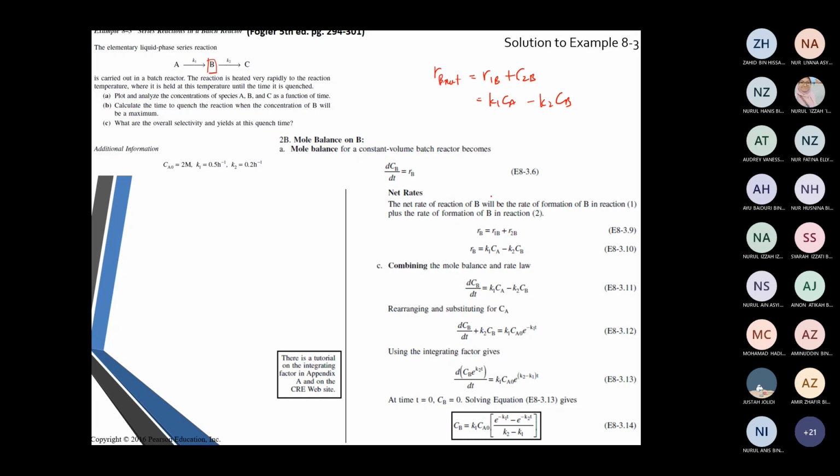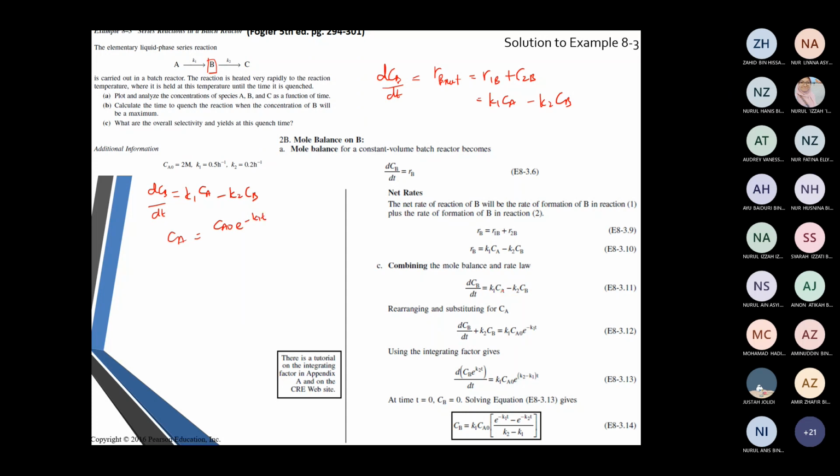From there, remember what RB net is. RB net is equal to dCb over dt. So that's why you combine it to get dCb over dt is equal to k1 Ca minus k2 Cb. From there we already have Ca from previously, which is Ca equals Ca0 e to the power of negative k1t.